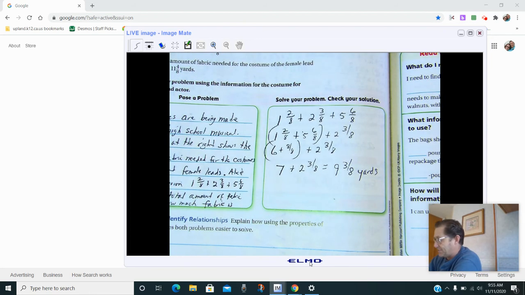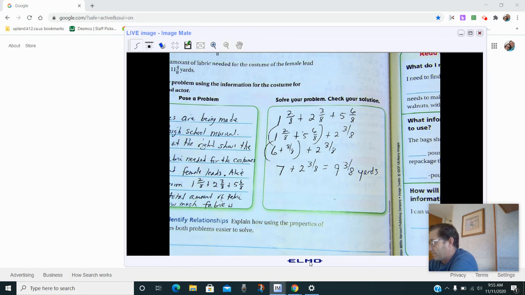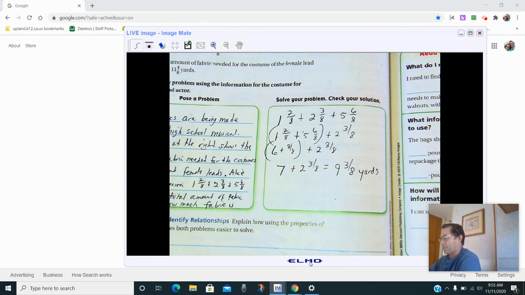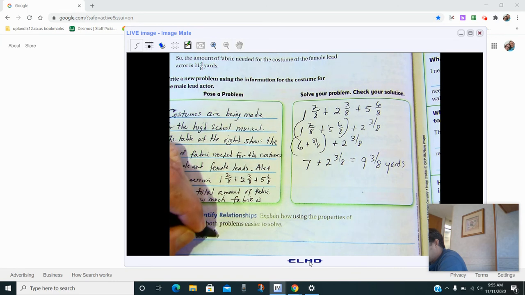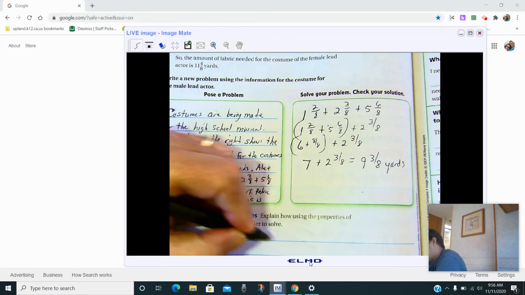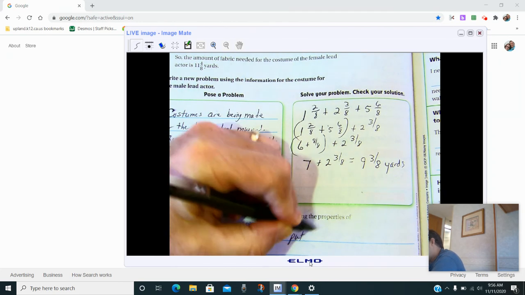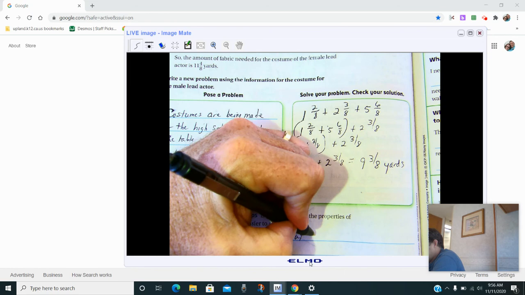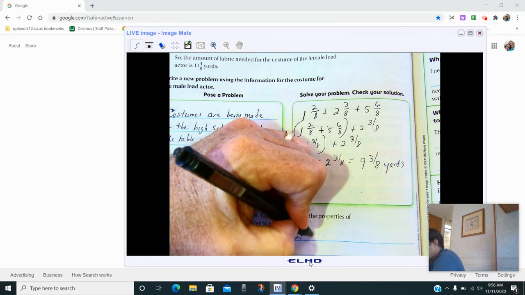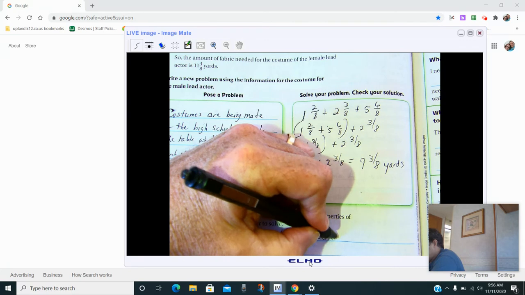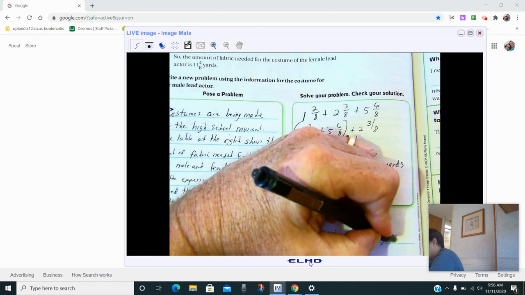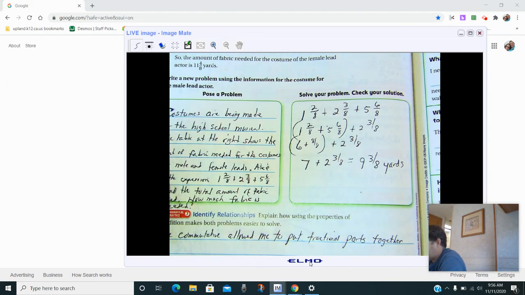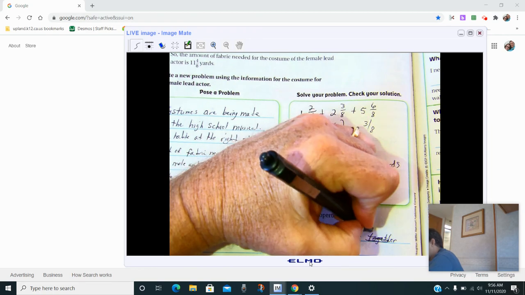Explain how using the properties of addition makes both problems easier to solve. Okay. The commutative property allowed me to put fractional parts together, next to each other.